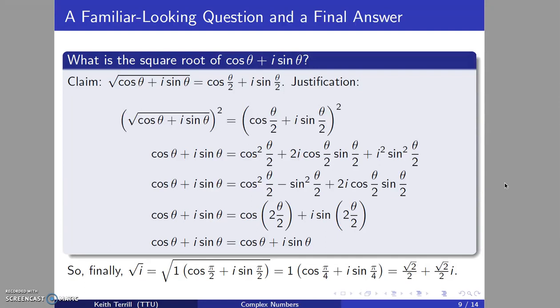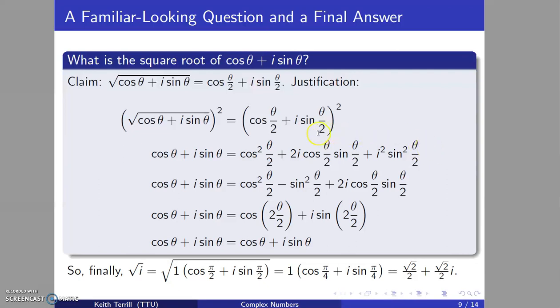And I want to prove this to you because this will bring in some of the identities we've been looking at so far in these recent weeks. You square out this thing, then you've got first term squared, that's cosine squared theta over 2. You've got last term squared, which is i squared sine squared theta over 2, and then 2 times the product of each term together. That's squaring out a binomial. That's pure algebra.